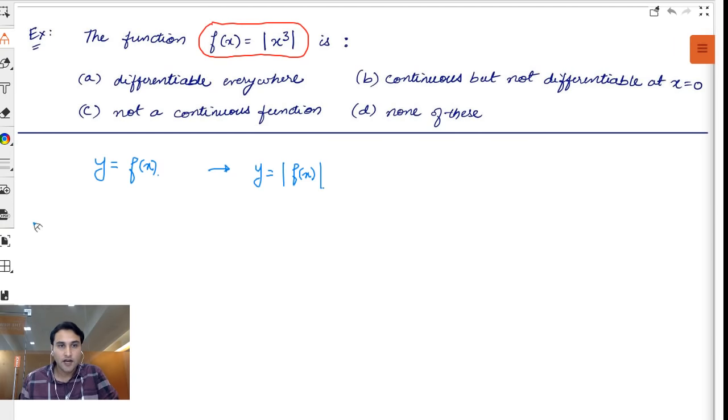Actually, IIT is very very crazy about asking all these random things. वो क्या करेगा? It will put mod anywhere. It will put mod outside. It will put mod here inside. It will put outside and inside. It will put greatest integer outside. It will put greatest integer say inside.